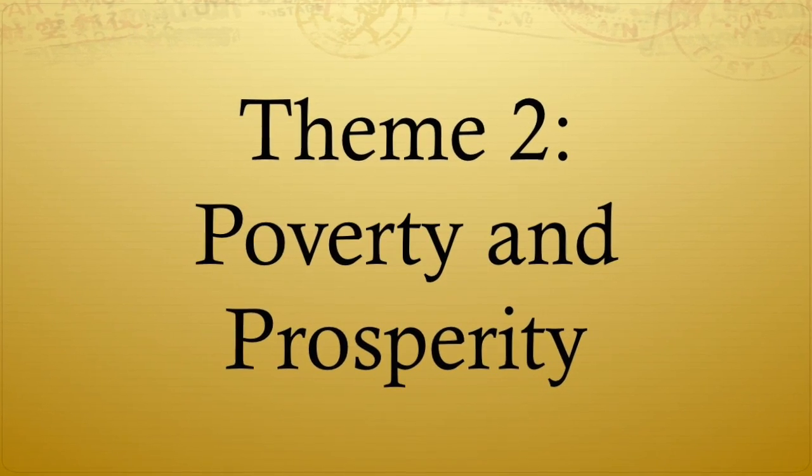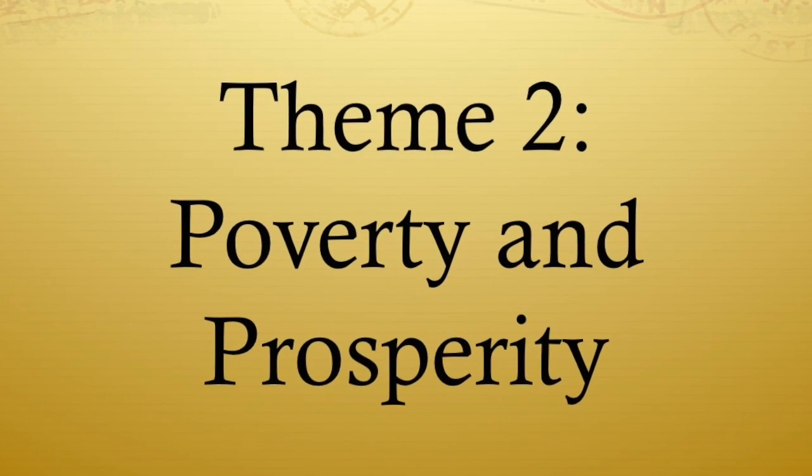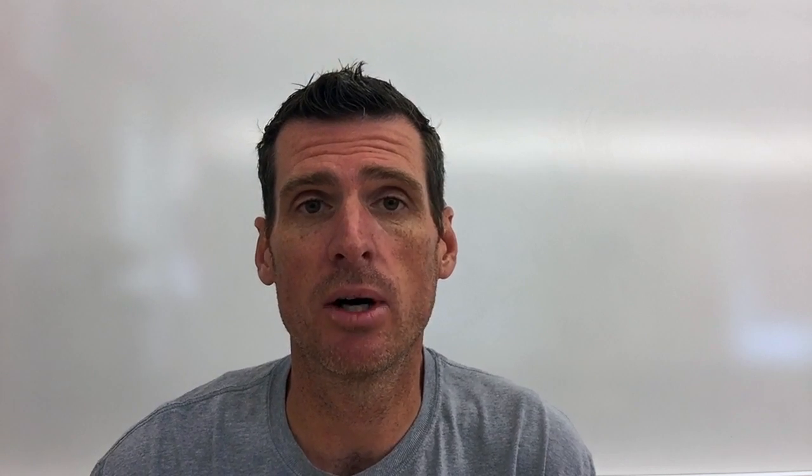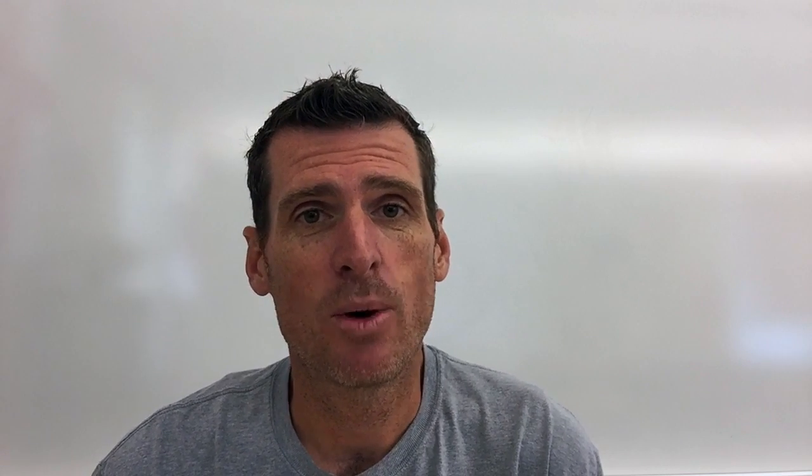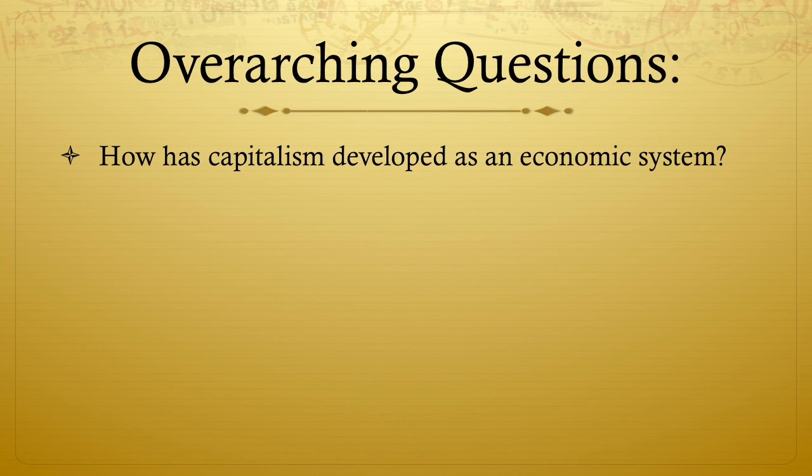Theme number 2 is poverty and prosperity. This is basically economic history, as we used to call it. It's going to take a look at how different economic theories have developed throughout European history, and how things like the Industrial Revolution and whatnot have affected the economic output of Europe. So here are the main questions that the College Board has given us.